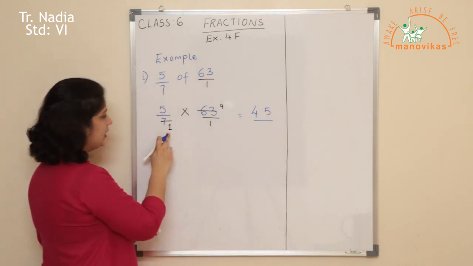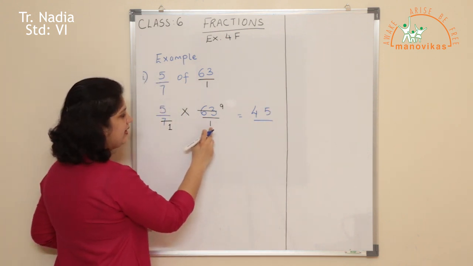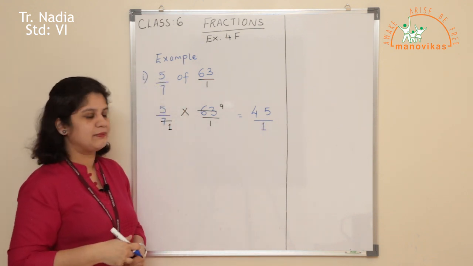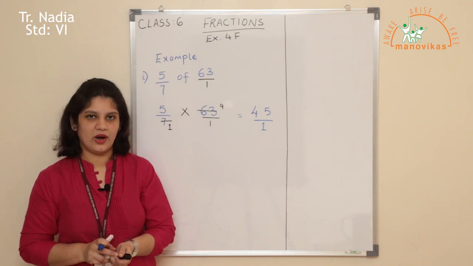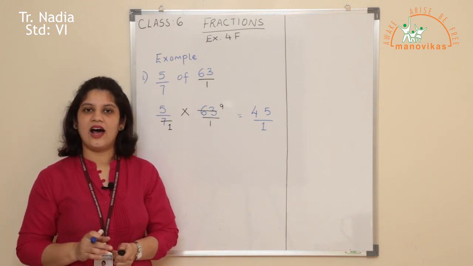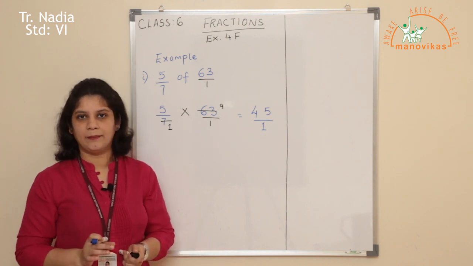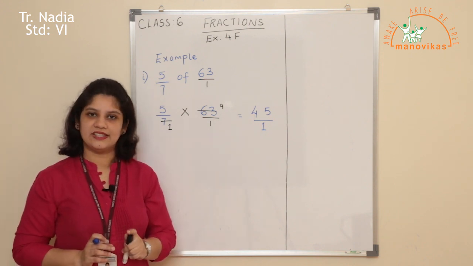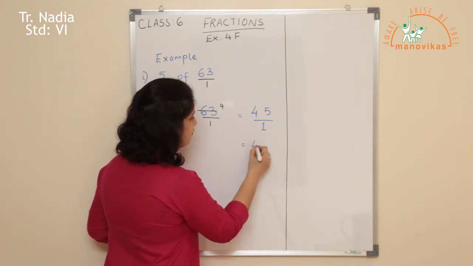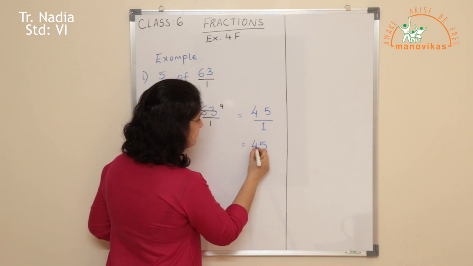And in the denominator, I have 1 multiplied by 1, which is equal to 1. So, my final answer became 45 upon 1. As I told you all, whenever there is 1 in the denominator, the answer is always a whole number, that is 45 itself. So, 45 upon 1 can be written as 45.